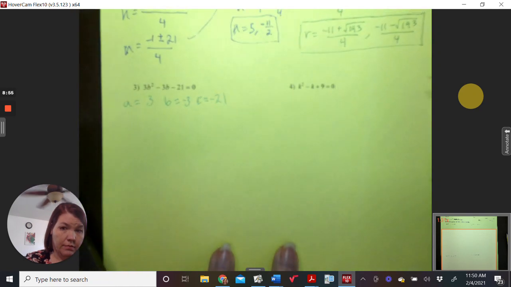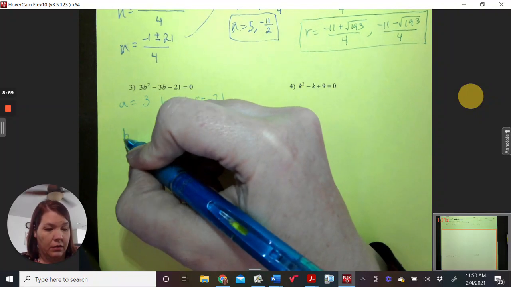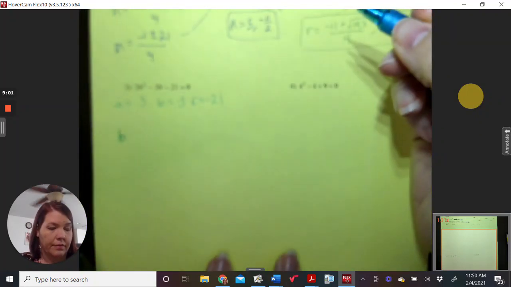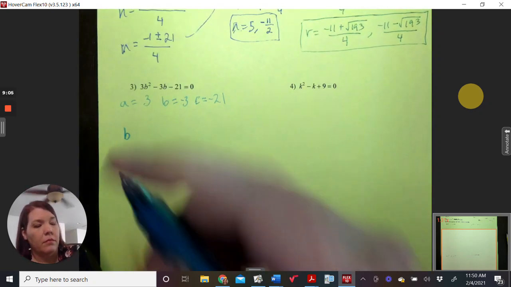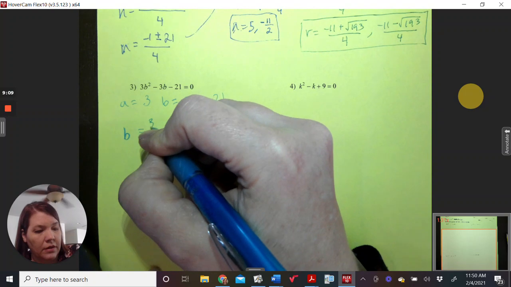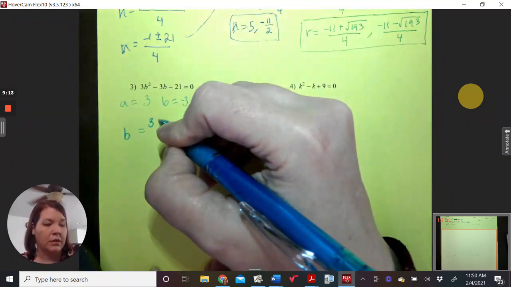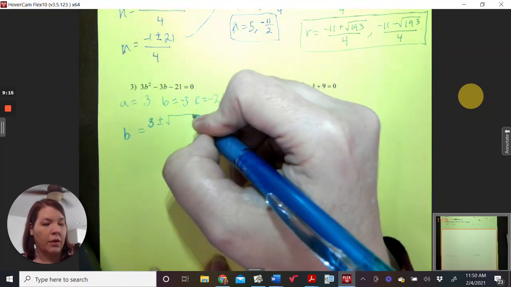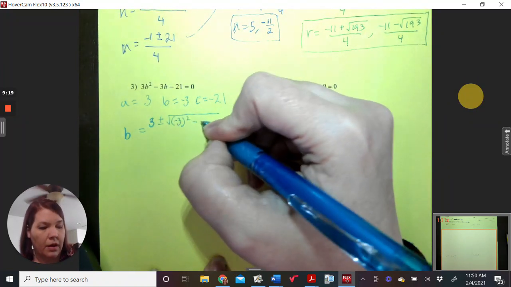So again, this time we have B, the letter B, which is really a terrible letter choice, but whatever. And the negative B, so that's going to be +3, because if it's negative, it changes to positive. Plus or minus the square root of B squared minus 4AC.